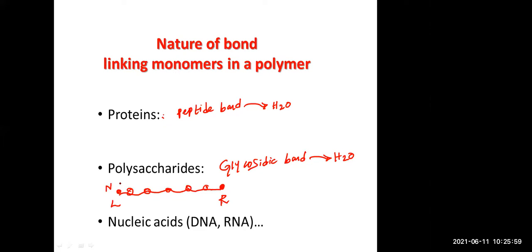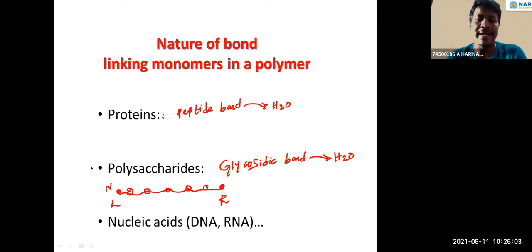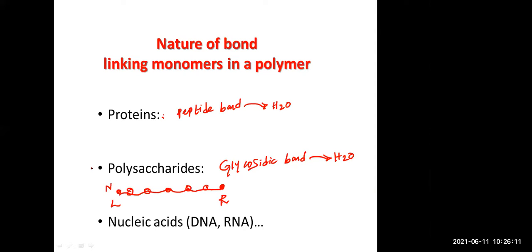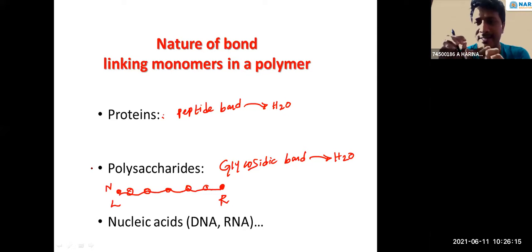The reducing end reduces cupric ions into cuprous, as I told. We are not going to discuss the chemistry of why exactly. What I know, and saw on the internet, is that it reduces cupric ions into cuprous.